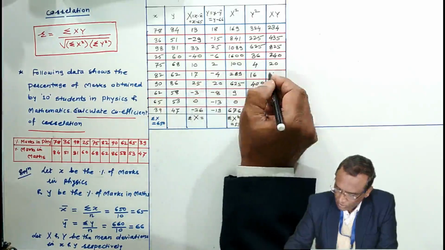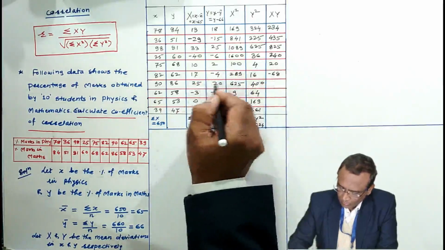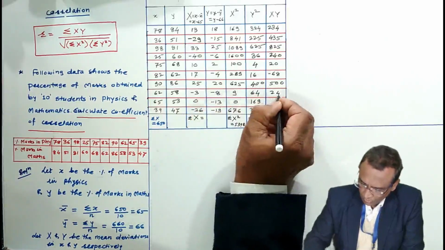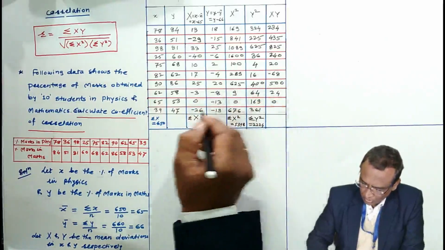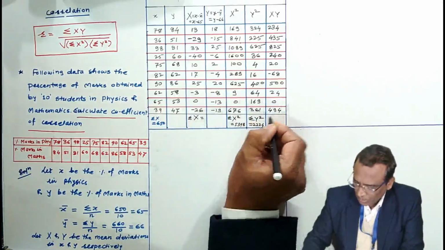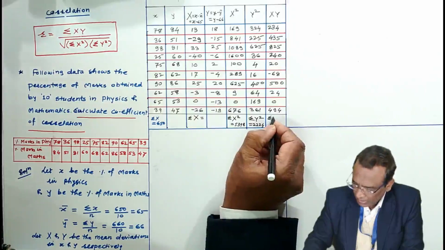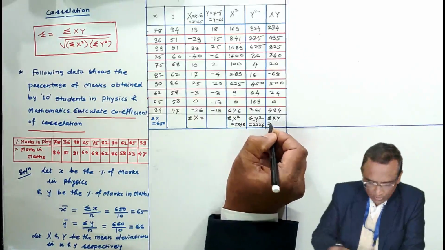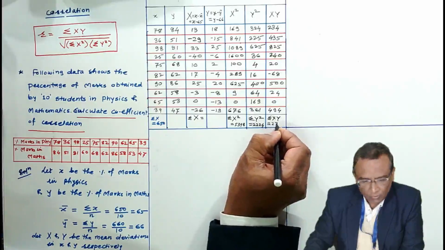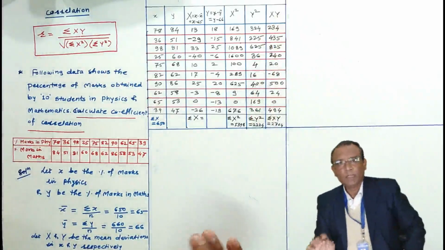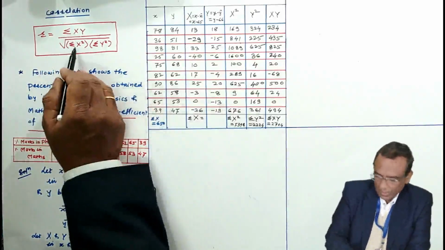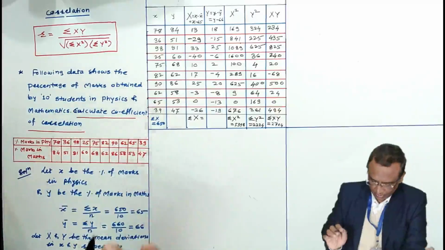Then the products are 500, 24, 0, and the product of the last two is 494. Summation of x into y is also required in the formula, therefore I am taking the summation of all. In this way, we found summation xy, summation x square and summation y square.